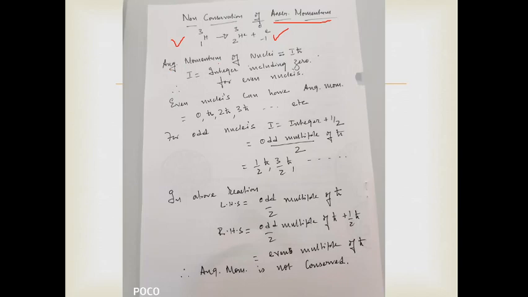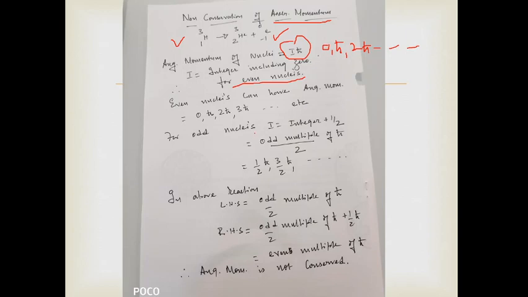The angular momentum of any nucleus is given as I ħ, where I is an integer including 0 for even nuclei. So for even nuclei, the angular momentum can be 0, ħ, 2ħ, and so on; it can take different integer values.